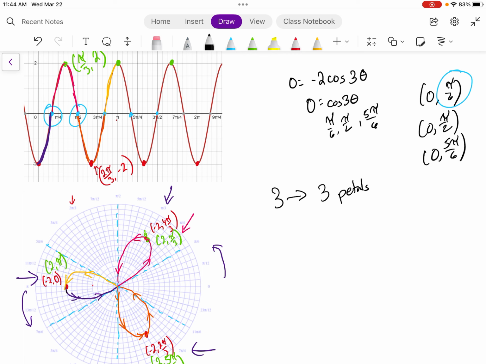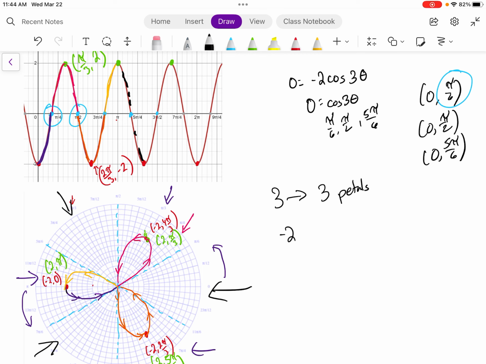I know we're normally concerned with this 2 pi business, but if we continued through here, we would just be tracing our own curve again. And there's no way to get into these other 3 wedges. We can't ever get in there. So the 3 meant that we'd have 3 petals.